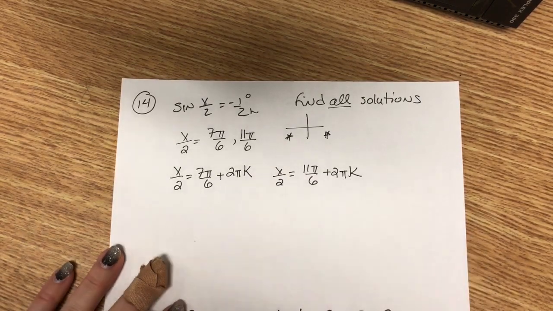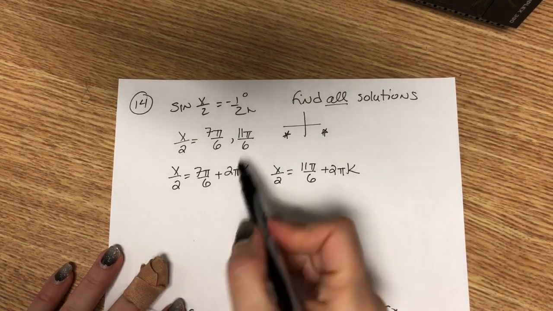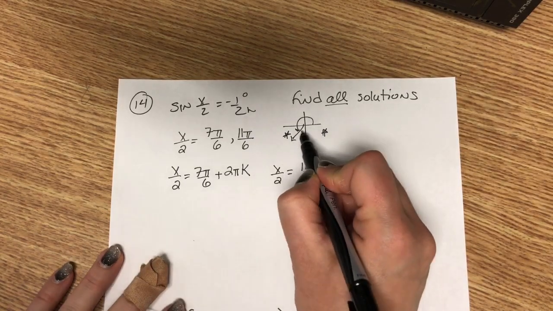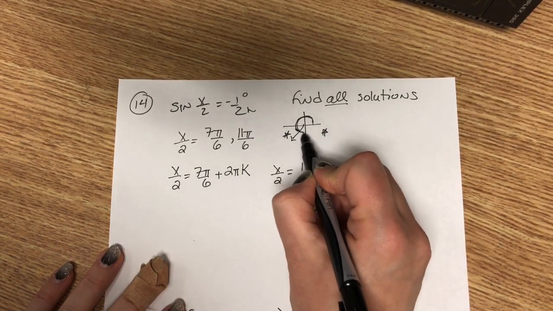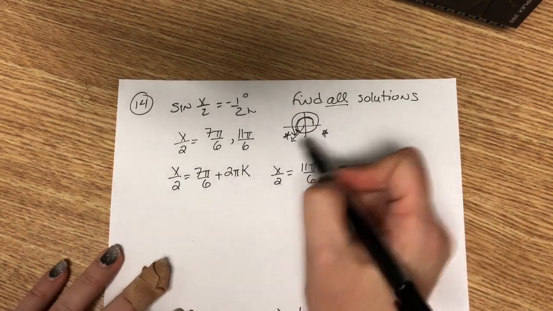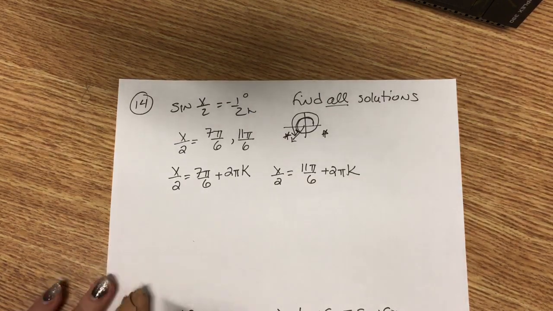So I'm going to say that's times k. You could pick any variable. K is usually used, like constant k, not c. Because 7 pi over 6, which is here, well, I can also go all the way around and back, and that would give me the same answer. But I could go around twice and make that 2 or 3 or 4 or 5, 6. I can go around infinite times.